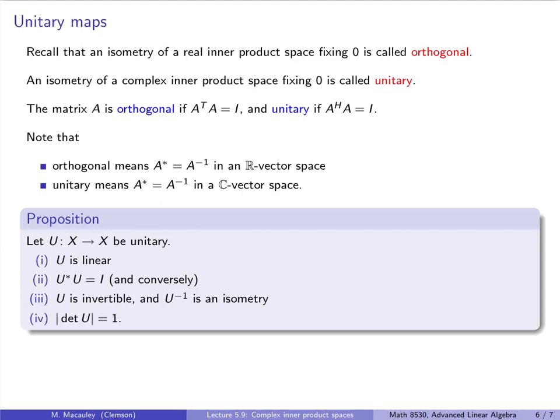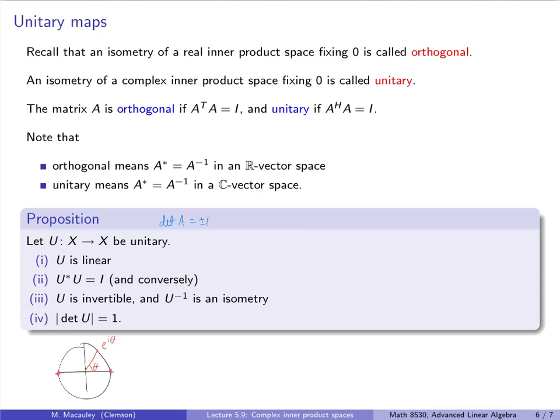Finally, the determinant of U is a complex number with norm 1. In other words, it lies on the unit circle, so it's of the form e to the i theta for some theta. What we had previously for orthogonal maps is that the determinant of A was plus or minus 1. That's a special case of being on the unit circle and also being real.